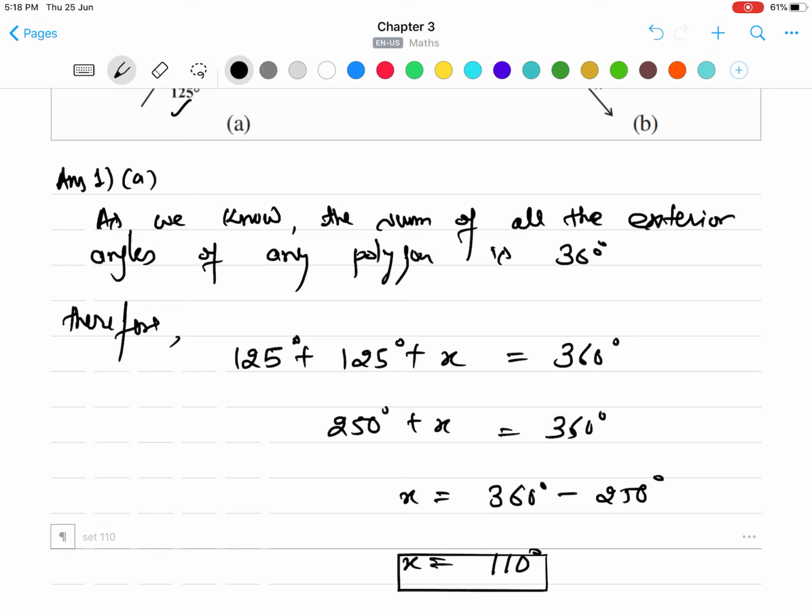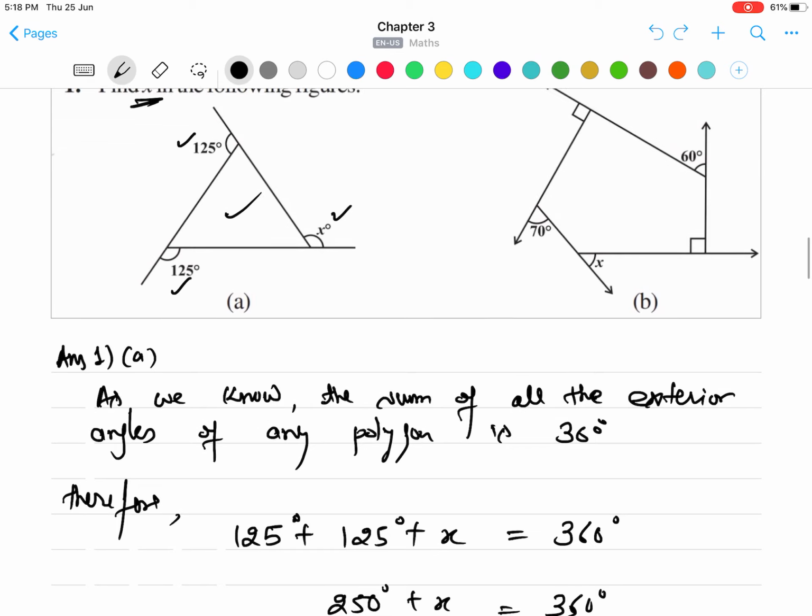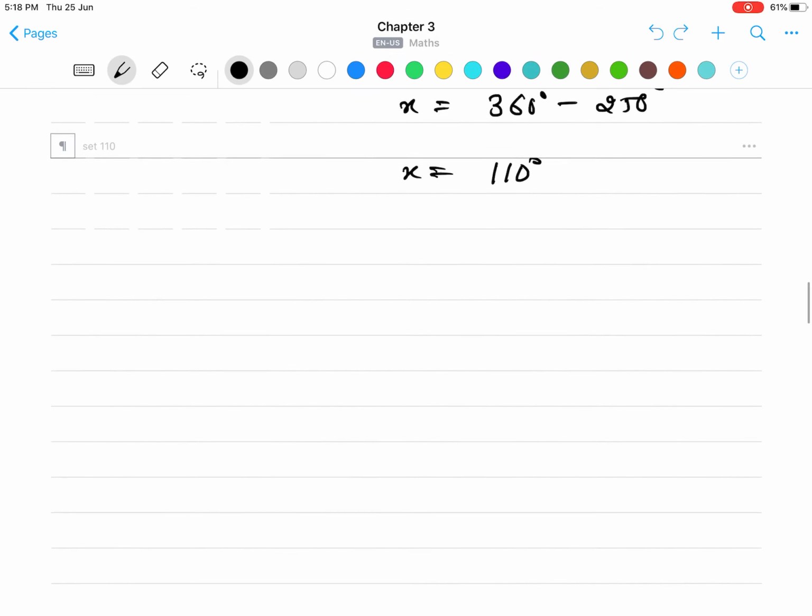That's the answer for part A of question number 1. x is equal to 110 degrees.